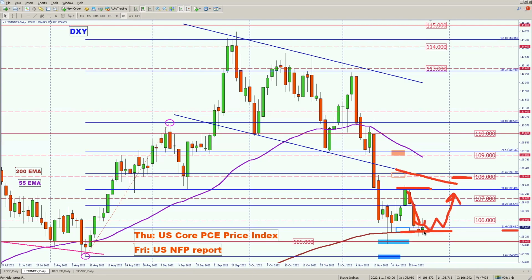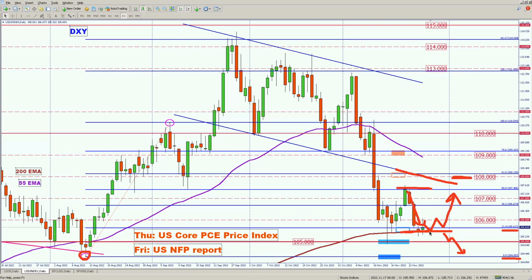It cannot afford to break down below the daily 200, otherwise it's going to test 105 and likely test the swing low level here at the 104.30, which will be a critical support level.